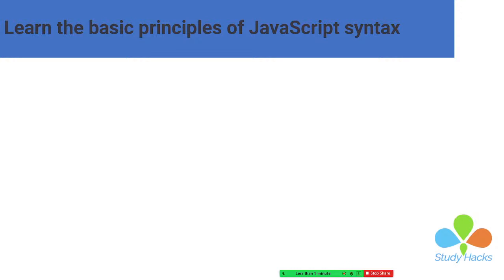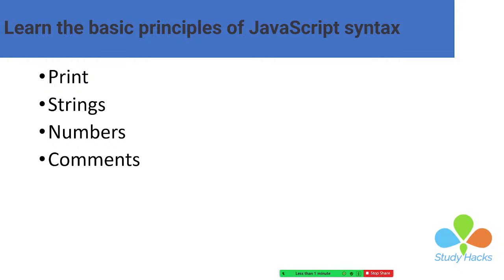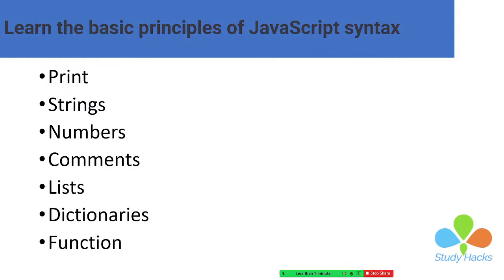First of all, I will show you how you can easily make a print, then how to make a string, then number, then comment, then how to make a list, how to make a dictionary, how to make a function. All of the basic things which you need as programming knowledge, I will give you at this time. Then we will move to our other topics.